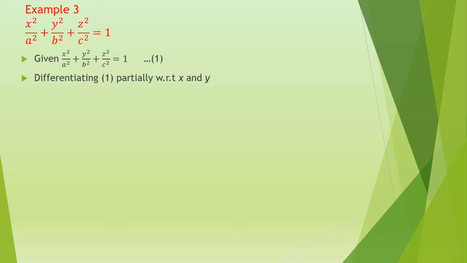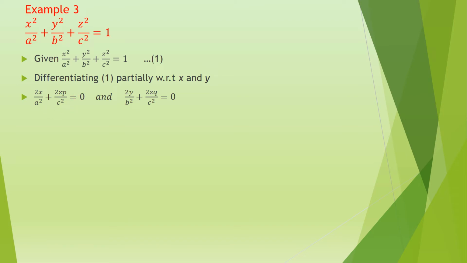Now z square by c square, here 1 by c square is constant, derivative of z square will be 2z into dou z by dou x, that is 2x by a square plus 2z into dou z by dou x, we denote it as p, so 2zp by c square equal to 0. This is partially differentiating with respect to x.